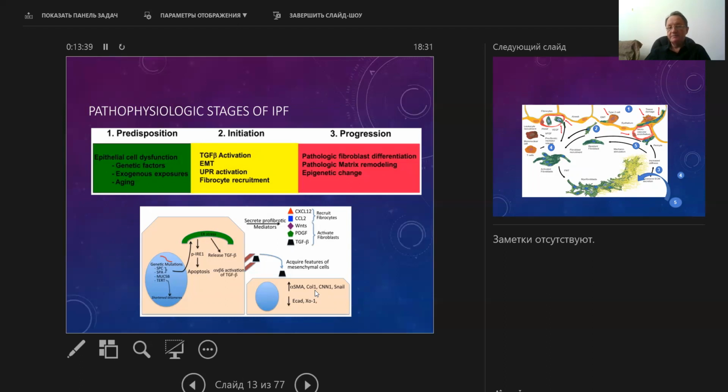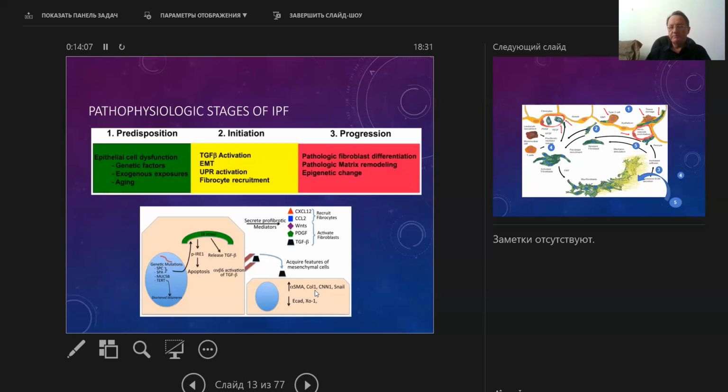This lesion of the alveoli does not lead to inflammation. This alteration leads to injury of the alveoli and activation of profibrotic factors.